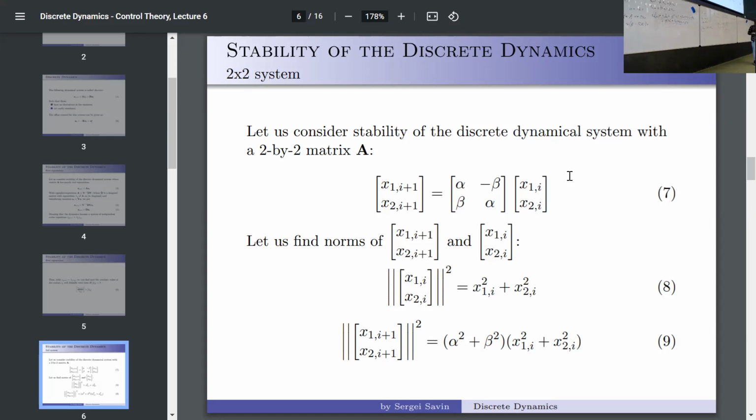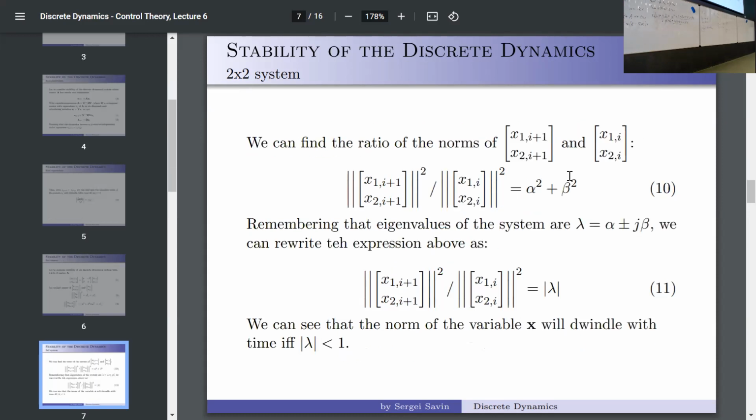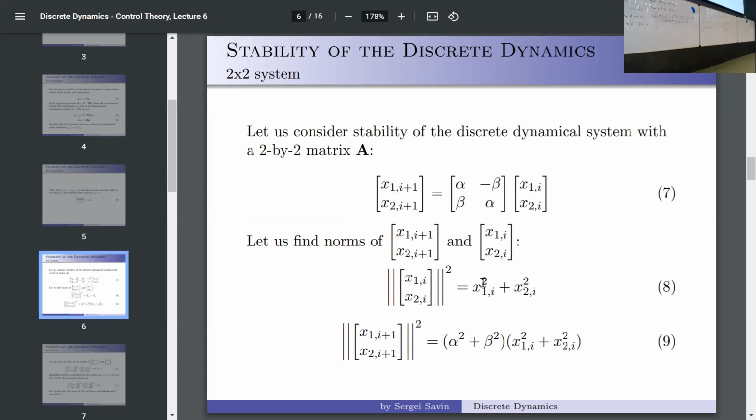Good, right? Now we want to find the ratio between those two square norms. So the ratio is this expression, alpha squared plus beta squared. Why? Let's just look back for a second. The first norm is this.